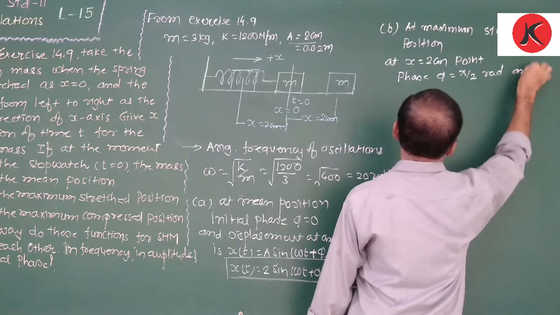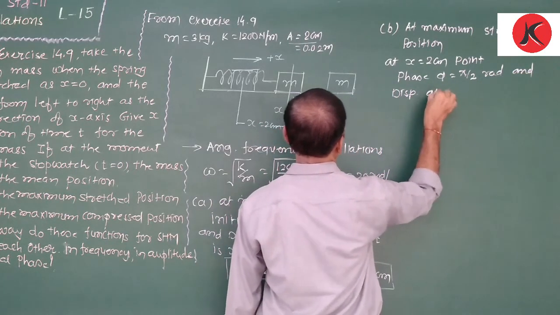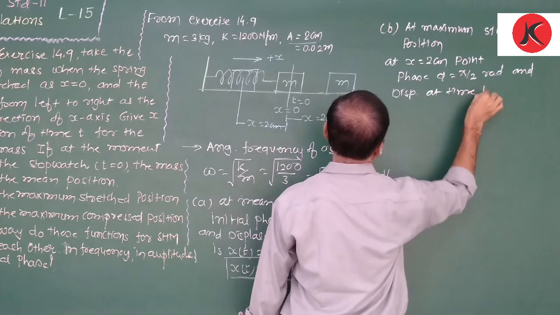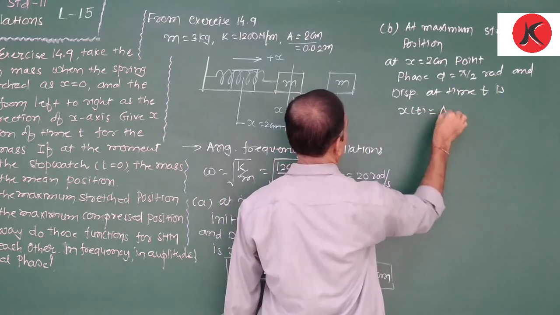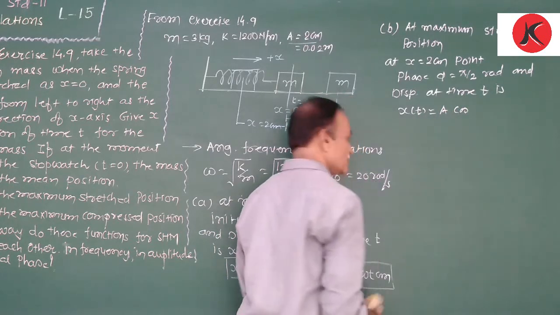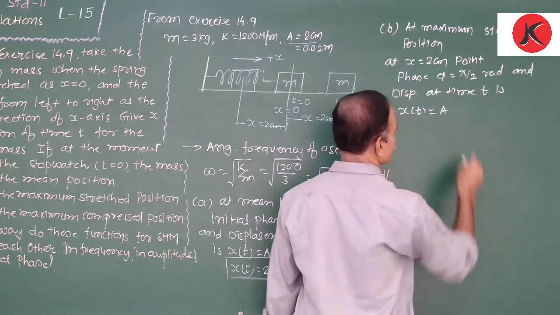And the displacement at time t is x(t) equal to a sine(omega t plus phi).